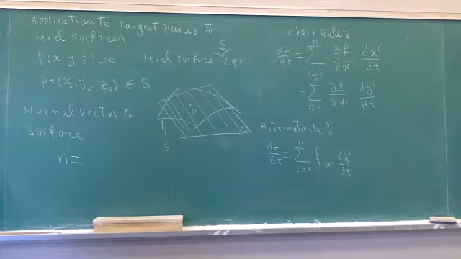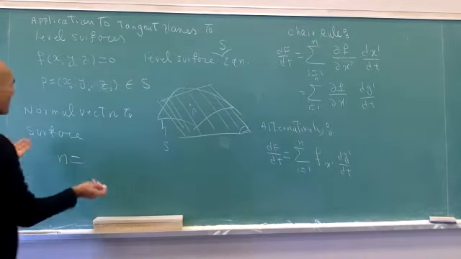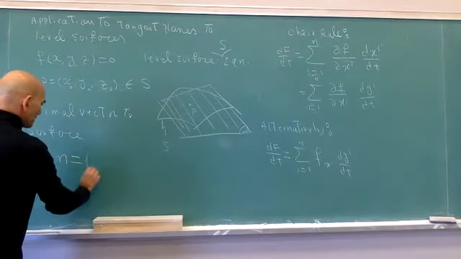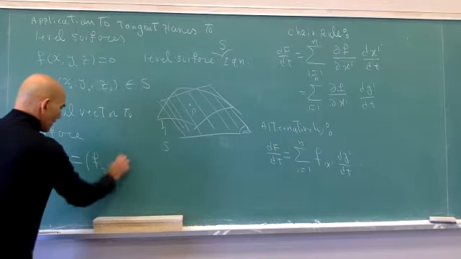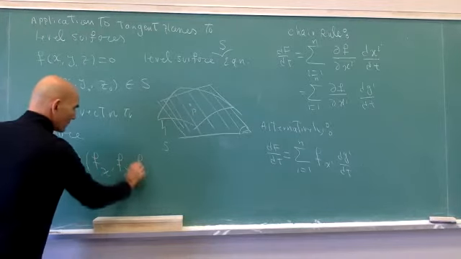For graphs it was f sub x, f sub y, -1. But in this case it's so symmetric: it's just f sub x, f sub y, f sub z.